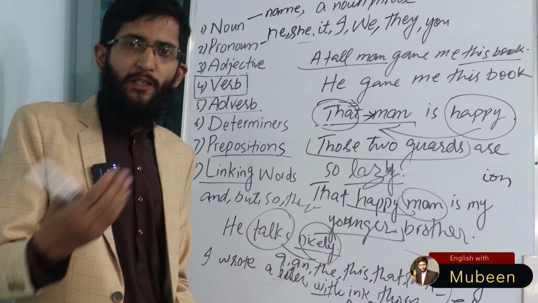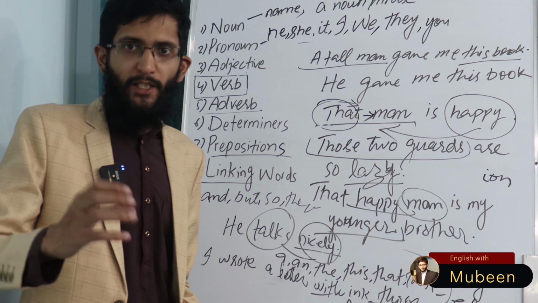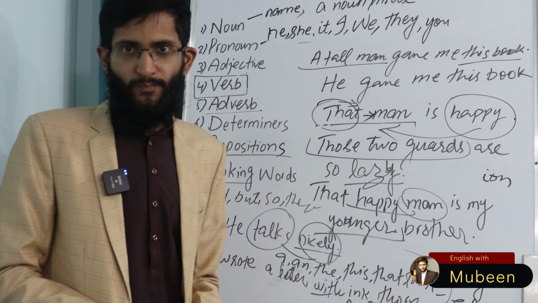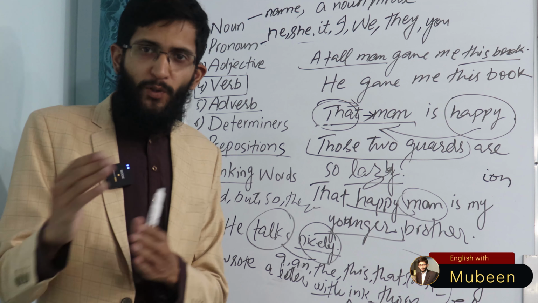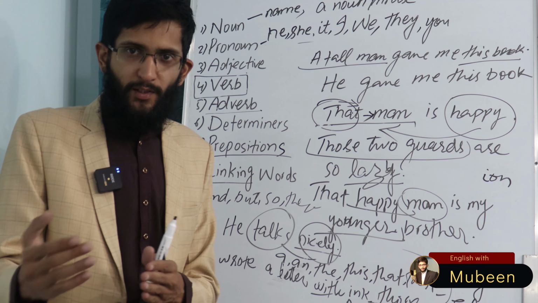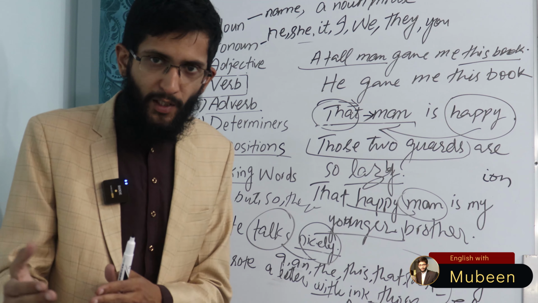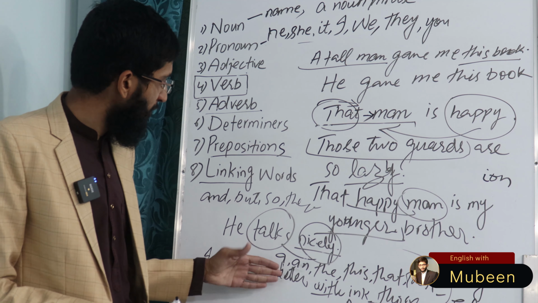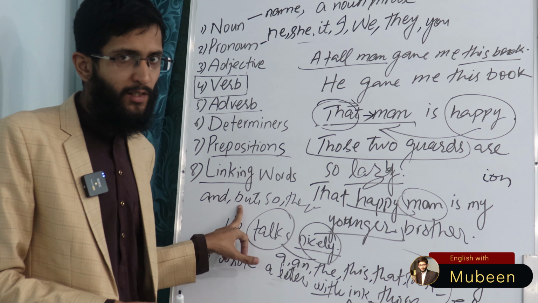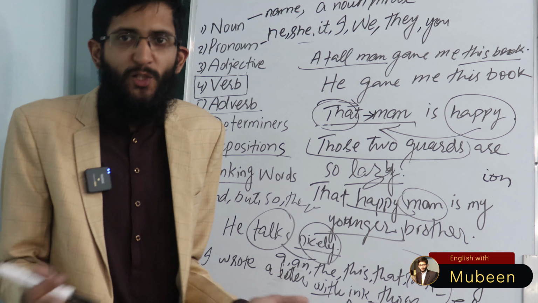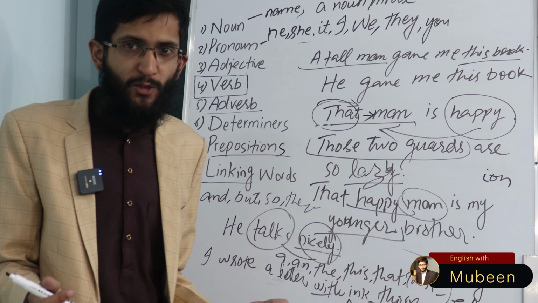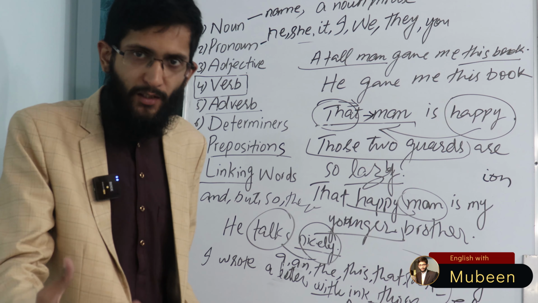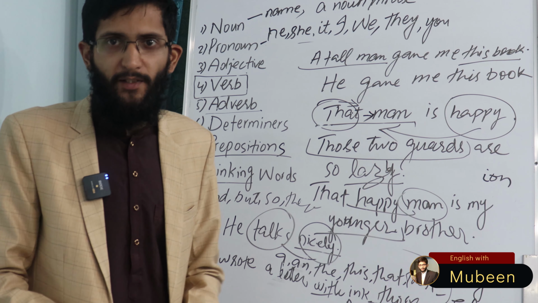Because he asked me, because I wanted to motivate him. Therefore, I wrote a letter to him. So therefore, because, so, but he did not take any interest to read that letter. So but is again just stretching the sentence.